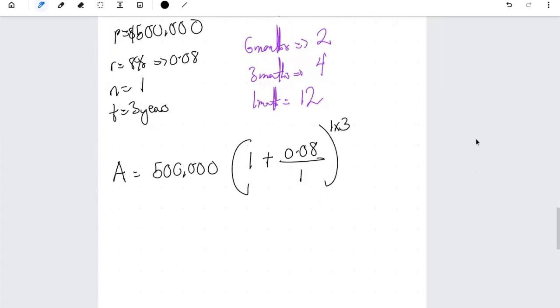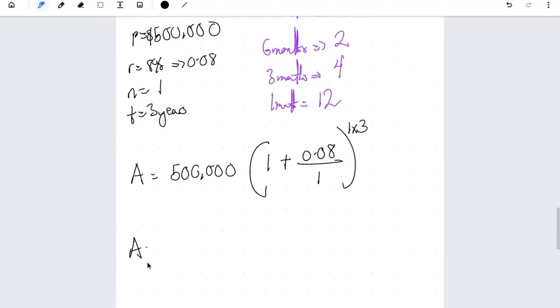So we continue. A is equal to 500,000. 0.08 divided by 1 is still 0.08. Let me just do it step by step. 1 plus 0.08, to the power of 1 times 3, is 3.